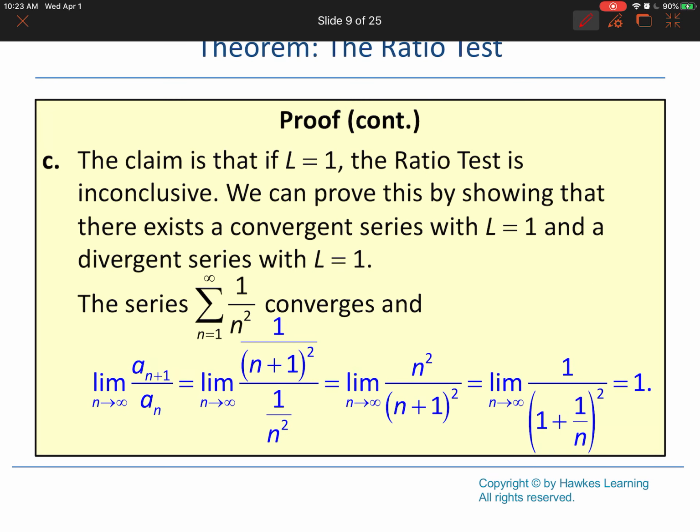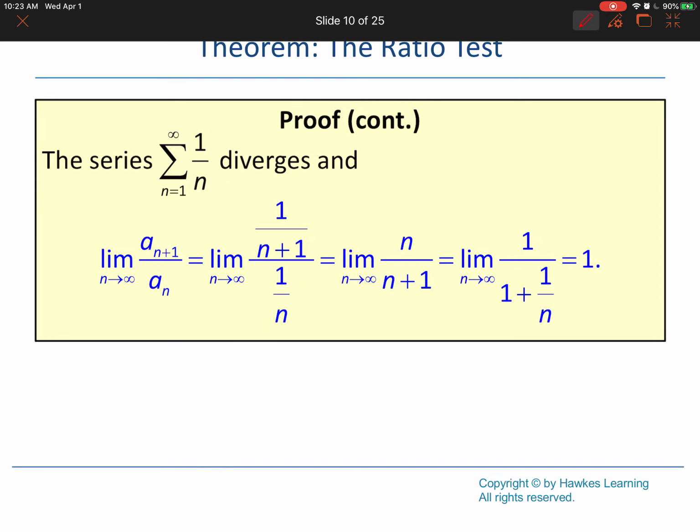And then here's where, if the limiting value is 1 in the ratio test, it could go either way. This one is a convergent p-series and has a limiting value of 1 in the ratio test. And the harmonic series, we know, diverges and also has a limiting value of 1 in the ratio test.